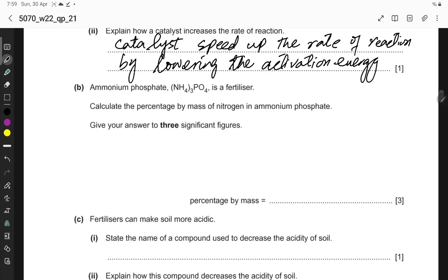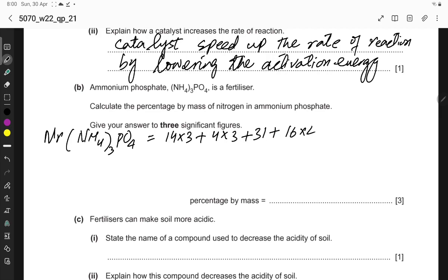Ammonium phosphate is a fertilizer. Calculate the percentage by mass of nitrogen in ammonium phosphate. Mr of (NH4)3PO4 is equal to nitrogen 14 into 3, hydrogen 4 into 3 plus 31 plus 16 into 4.